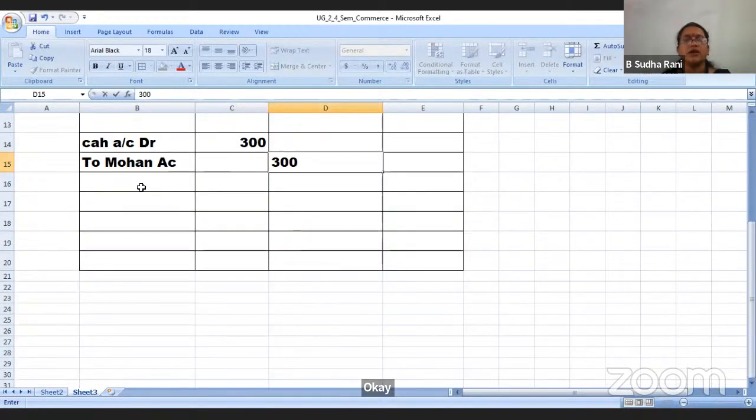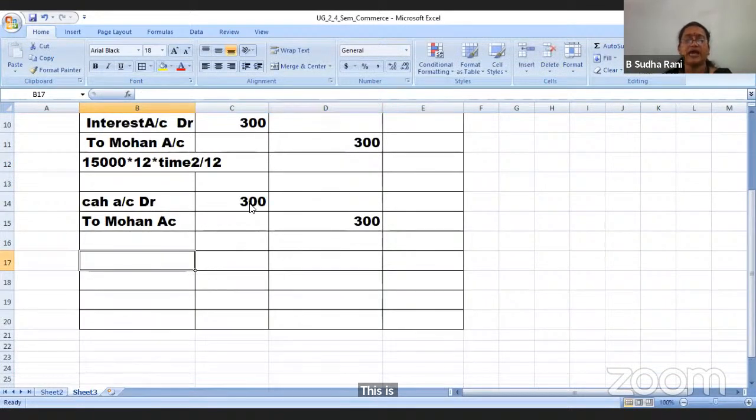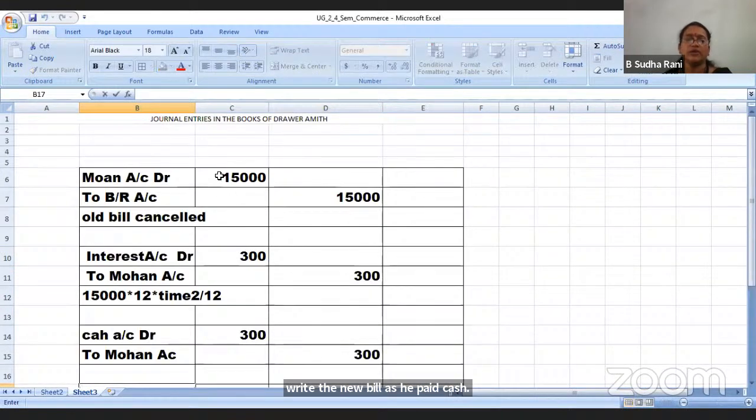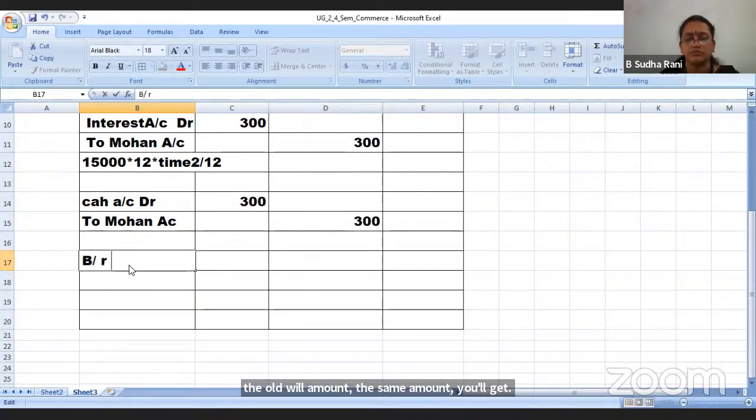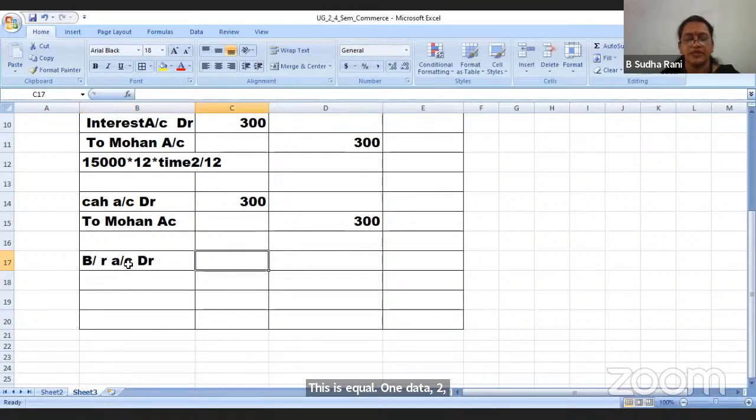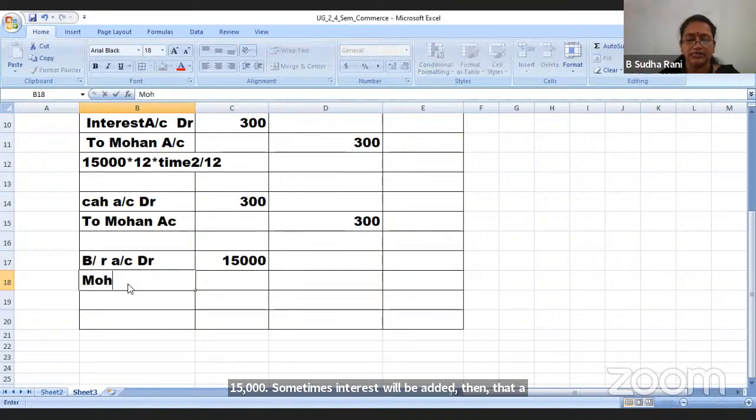After that, the new bill. You are supposed to write the new bill. As he paid cash, there is no interest in it. The new bill is only for the old bill amount, the same amount. Bills receivable account debit to Mohan account, 15,000. Sometimes interest will be added, then that amount you only have to work out using common sense and reading meaningfully while writing the journal entries and amounts.